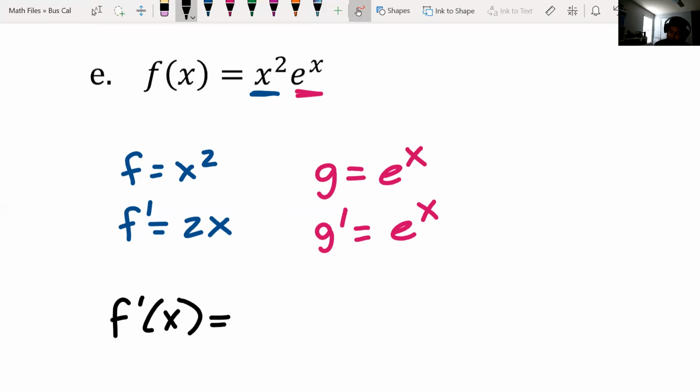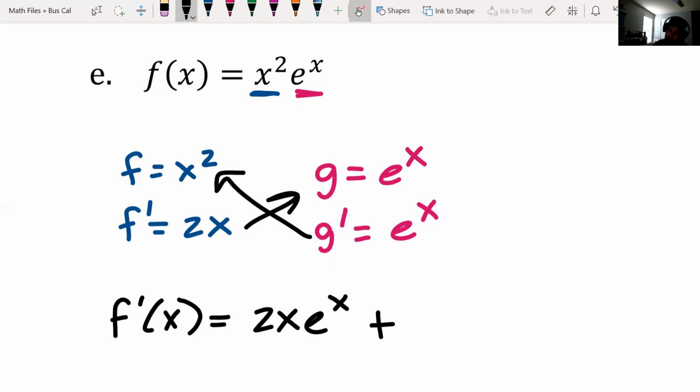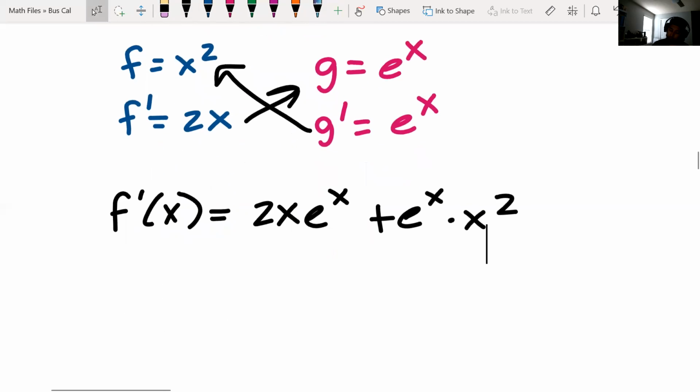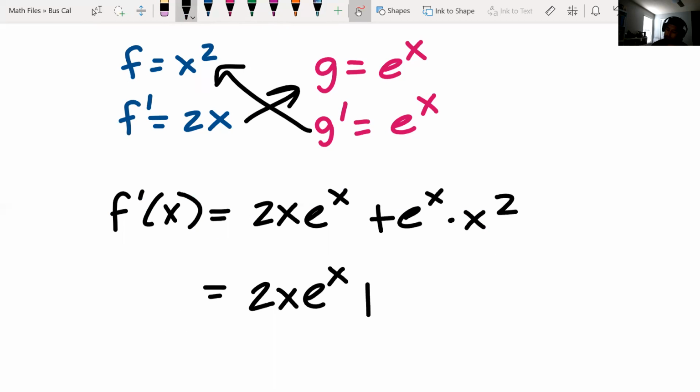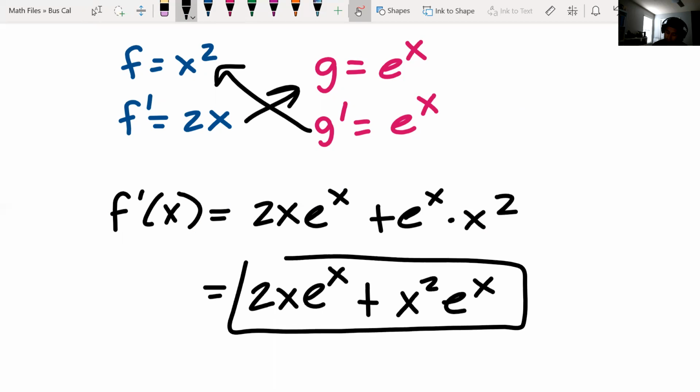So f prime of x is equal to f prime g, 2x times e to the x, plus g prime f, e to the x times x squared. Okay. Not much you can do from here. I'm just going to rewrite it as 2x times e to the x plus x squared e to the x. I just put the x squared in front. You don't have to. It just looks better.